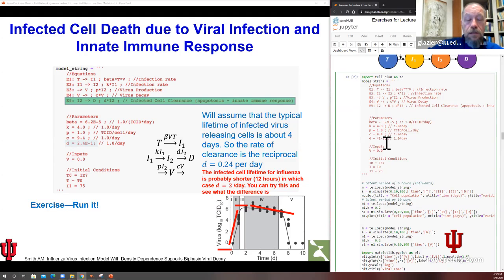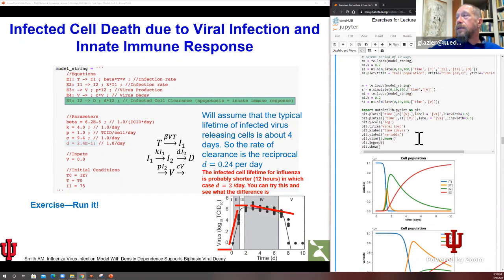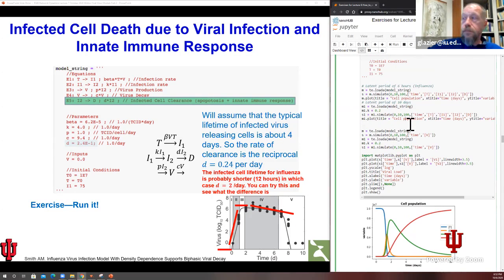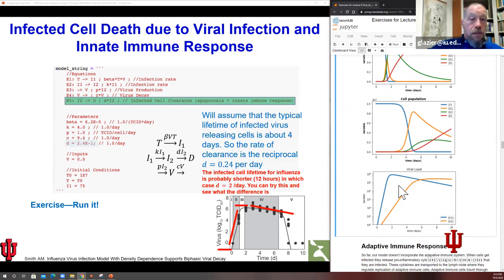So let's try 4e to the minus 1. When I do that, it doesn't change things very much. The decay curve is a little bit faster, but not by much. Fundamentally, the slope of this decaying line is fixed by that lifetime of the infected cells.